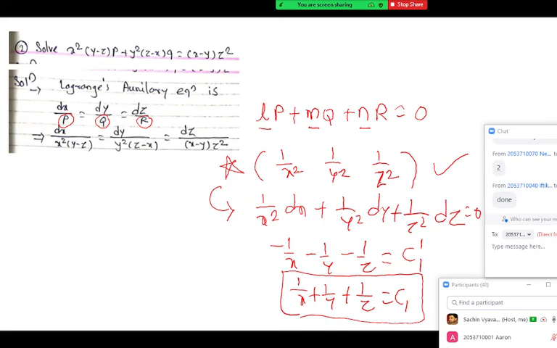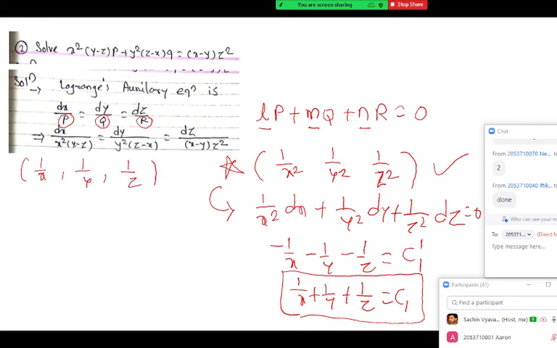I selected 1 by x square, 1 by y square, 1 by z square. You observe P, Q, R mainly. What should be multiplied to those P, Q, R so that their addition comes to zero? Focus on these three things. I observed that if I cancel x square, y square, z square, then the sum is coming 0. Similarly, if I multiply only by 1 by x, 1 by y and 1 by z, what happens?